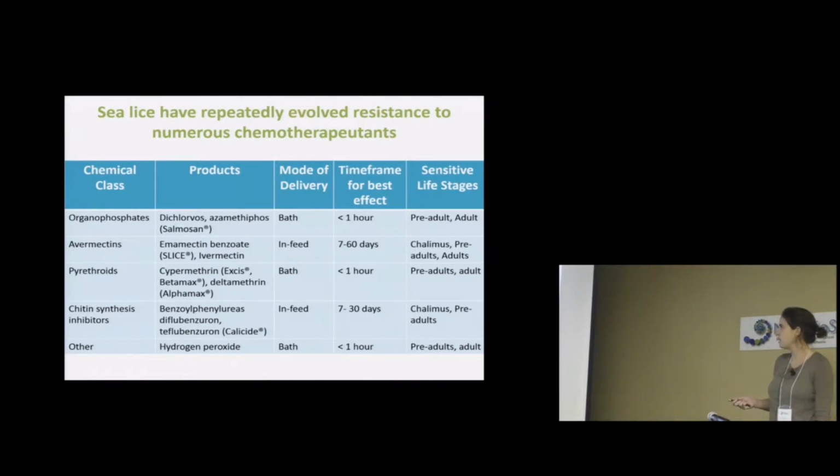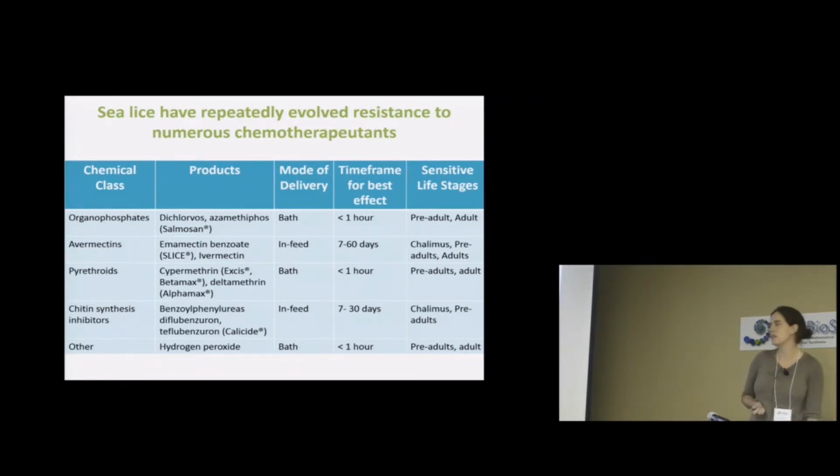Some of the chemicals we're seeing, for example, emamectin benzoate, this is one that I'll be talking about quite a bit. They vary in their mode of delivery. This one is an in-feed, so it's given in the food to the salmon. So it can take quite a while before we see any effects on the lice, in this case 7 to 60 days. We also see a lot of differences in the life stages that are targeted.